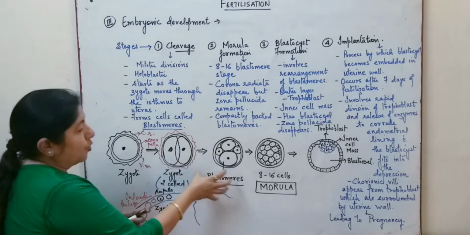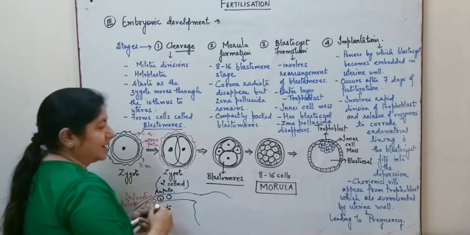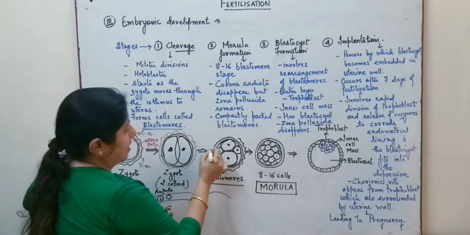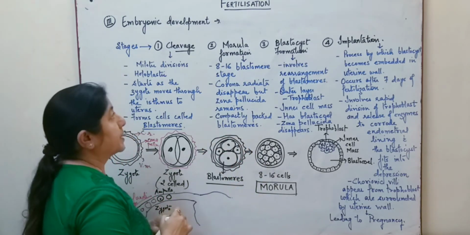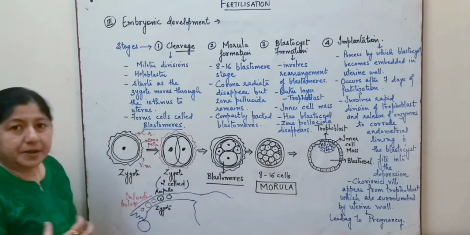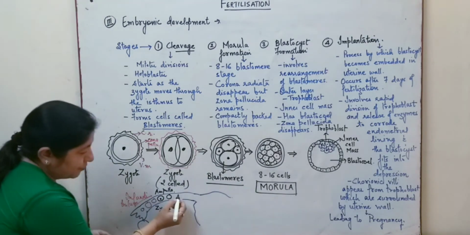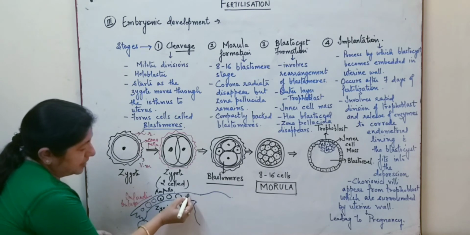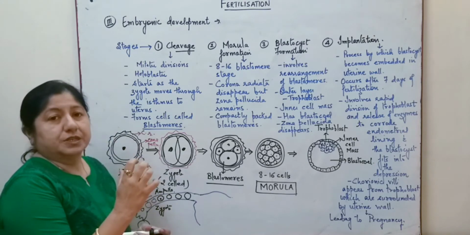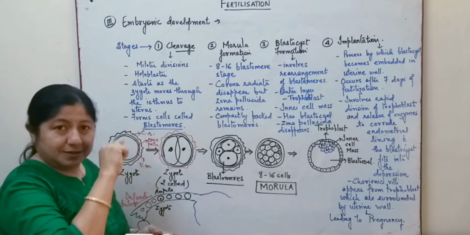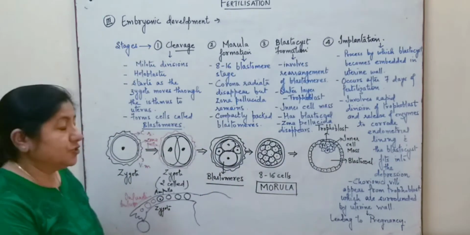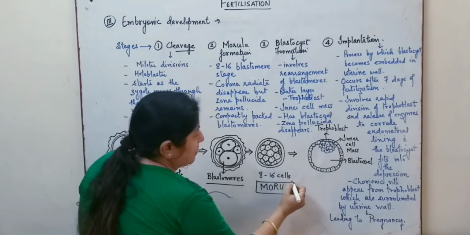Over here also, the cells are continuously dividing, and all three layers are still intact. Now, after the blastomeres are formed, they undergo rapid mitotic division, and the morula stage is next, where the number of blastomeres within the fertilized ova is 8 to 16, or sometimes the number of cells increases up to 32.